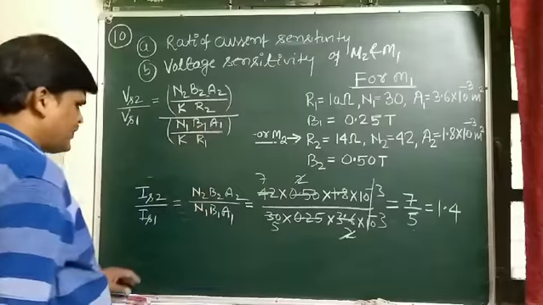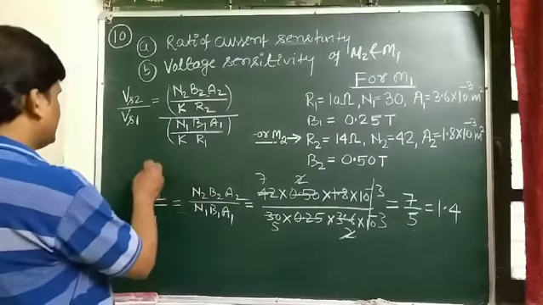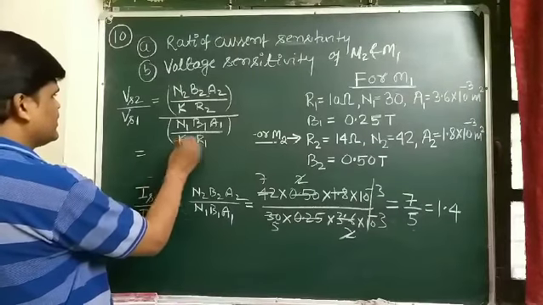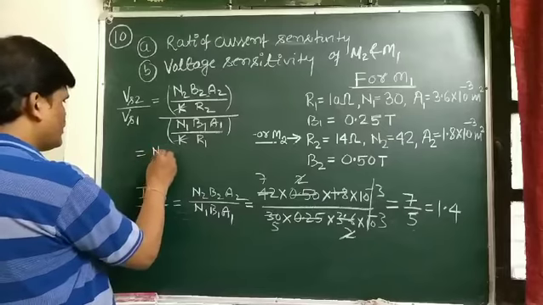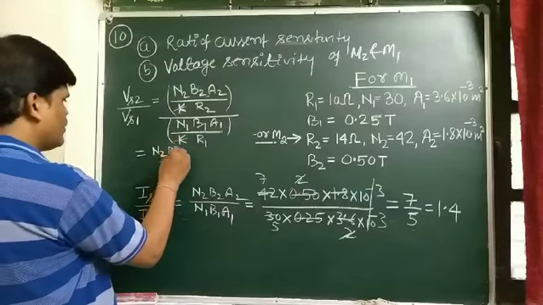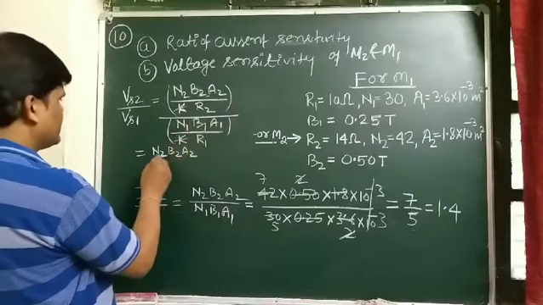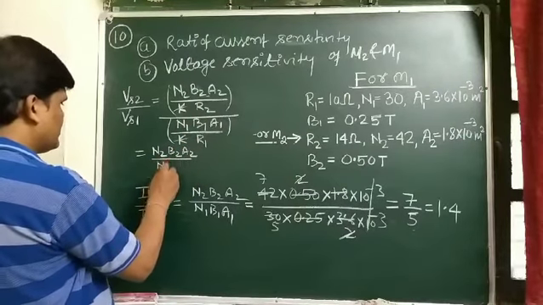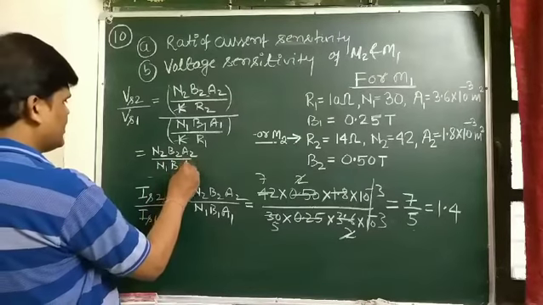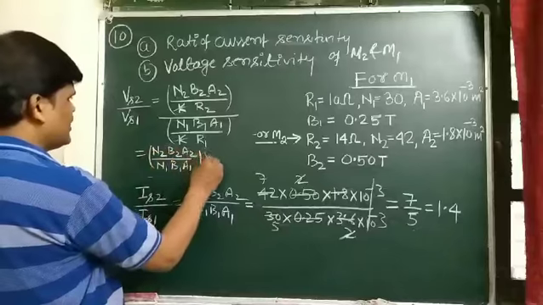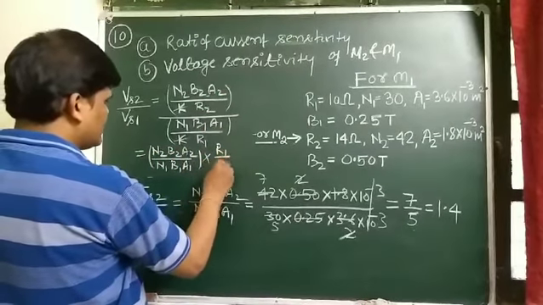And student, the value can be written as, this K cancels out, so it is N2 B2 A2 by N1 B1 A1, and this R moves to the numerator, R1 by R2.